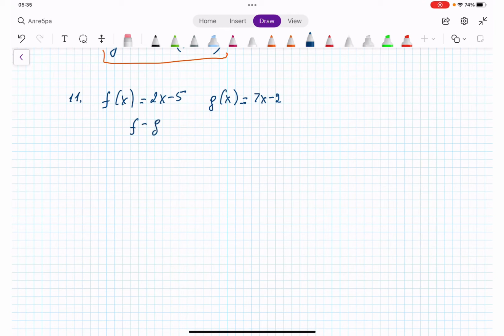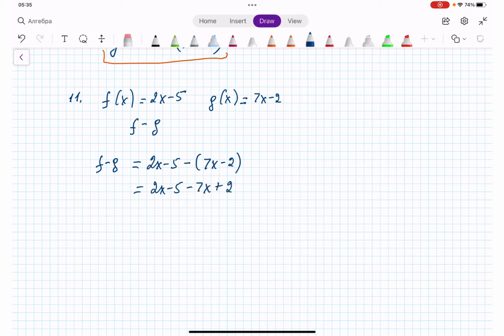Very easy. f minus g is equal to f, which is 2x minus 5, minus g of x, which means, let me go step by step, 7x minus 2. All right, so from here we are getting 2x minus 5 minus 7x plus 2, right?